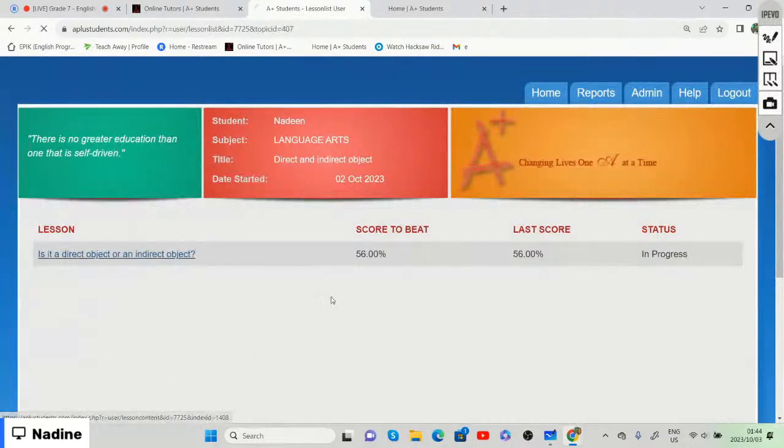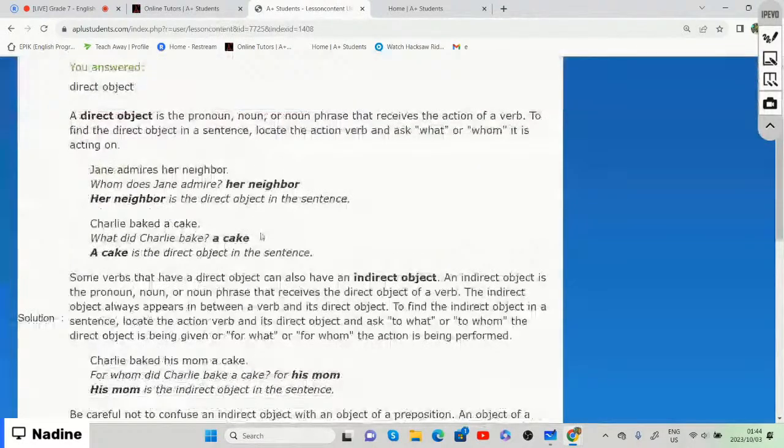All right. So just to recap on direct and indirect objects, we said that a direct object is a noun phrase that receives the action of a verb. In order for us to find the direct object in a sentence, we need to locate the action verb and ask what or whom it is acting on.